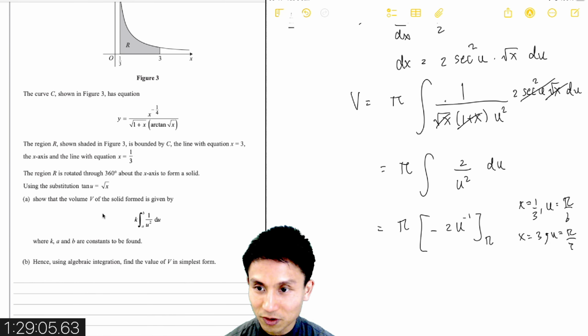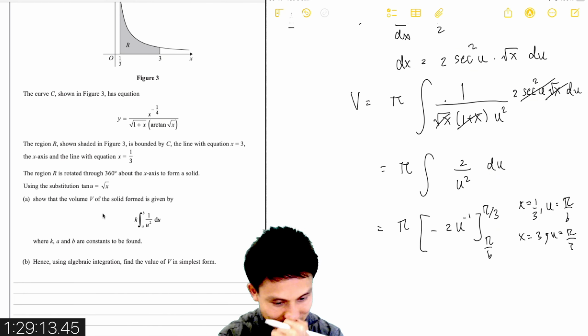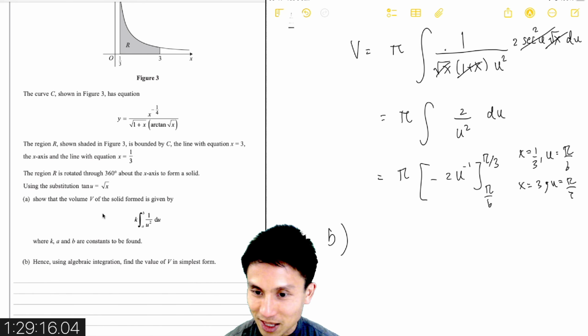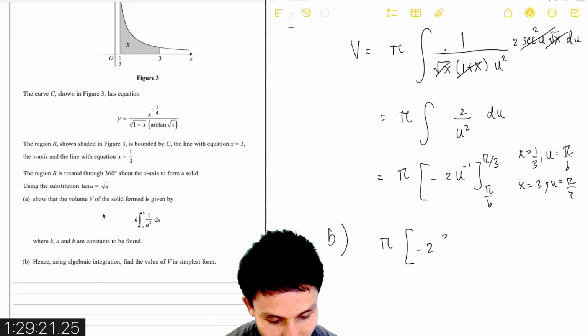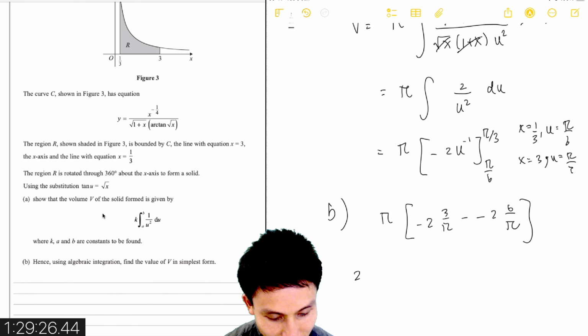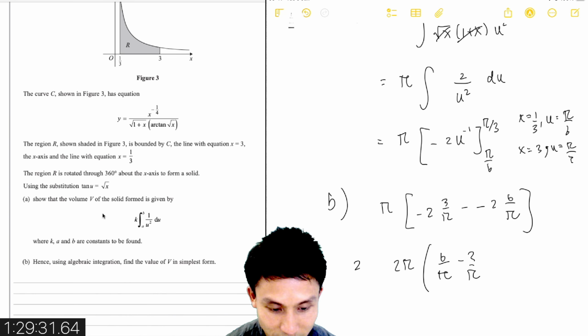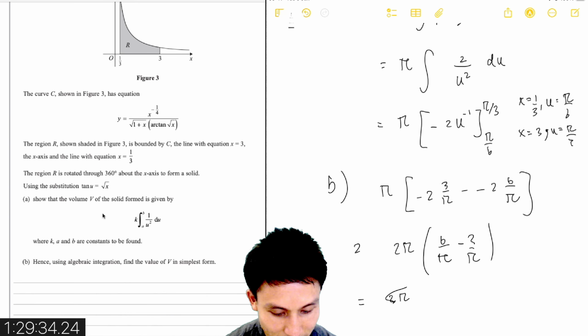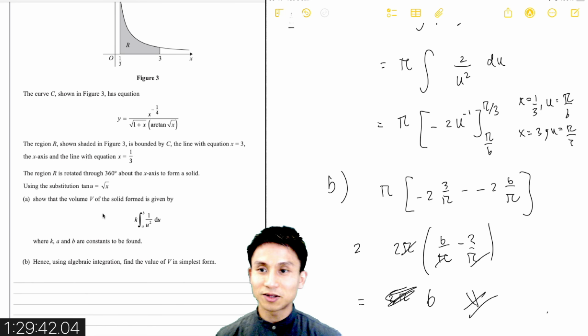So I have pi over 6 here and pi over 3 here. There you go. Is that right? Yeah, it should be. And then we are going to integrate that, see if I can in time. So pi is minus 2, 3 over pi, minus 2, 6 over pi. And then that would be 2 pi over 6 minus pi over 3. So that would be 2 pi cancel here. So that would be 6. Okay, so 6 is my answer here and time is just up.